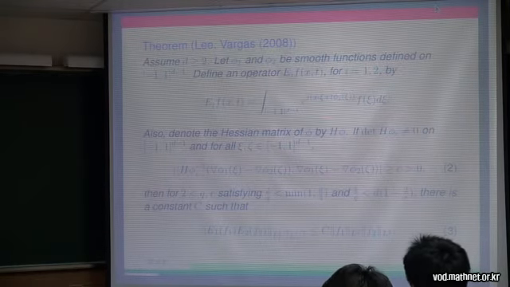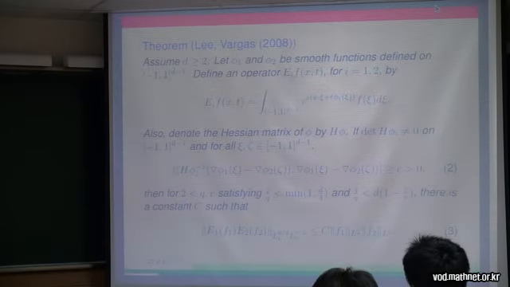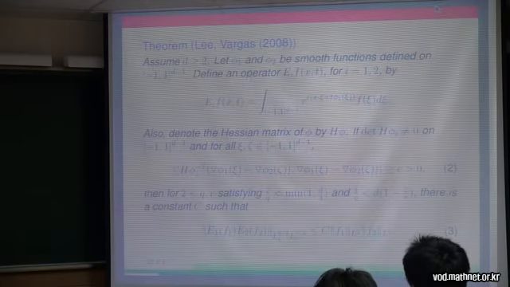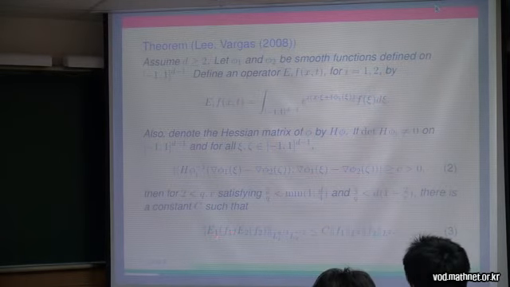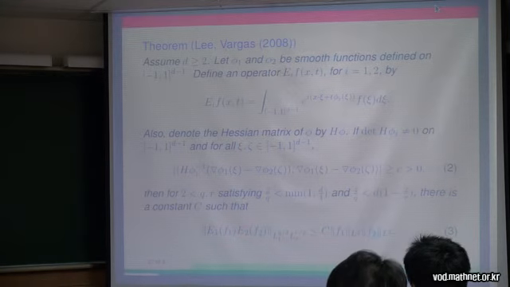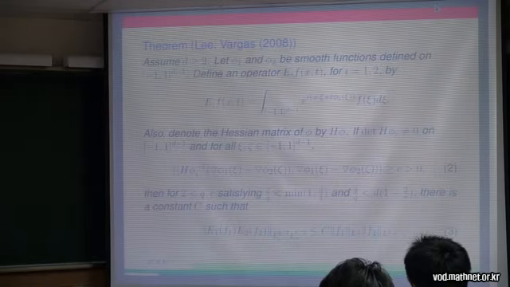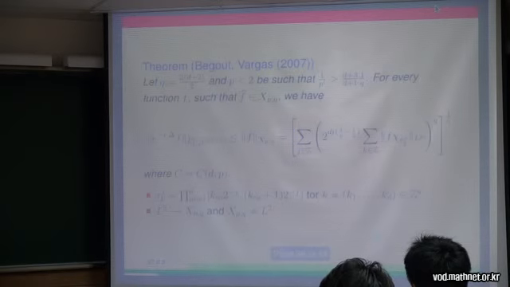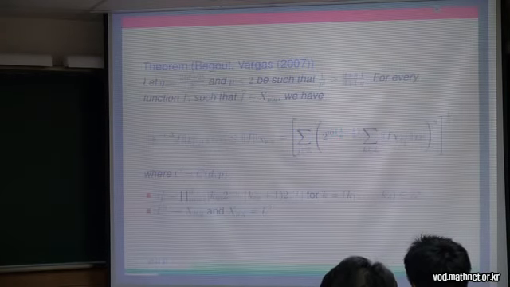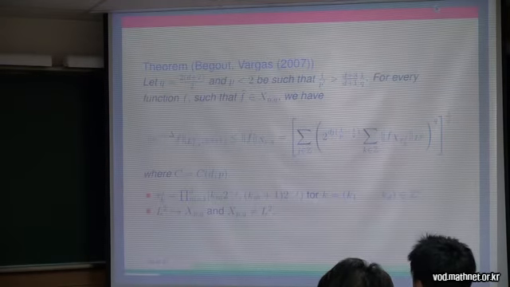If there is some transversality condition, then under this transversality condition we obtain this bilinear estimate. From this, using a Whitney type decomposition, you can obtain this refined Strichartz estimate.